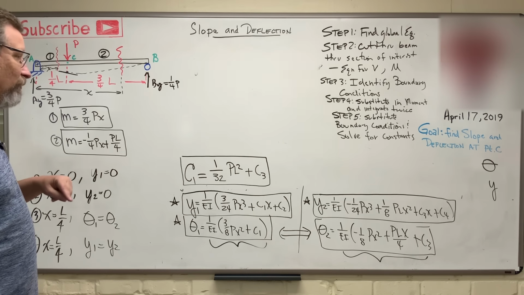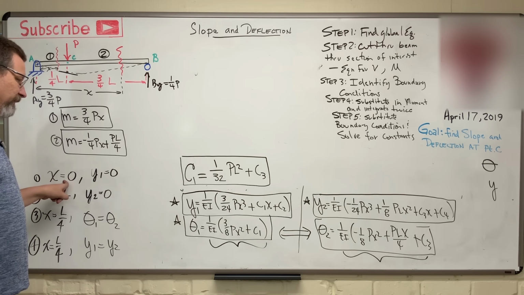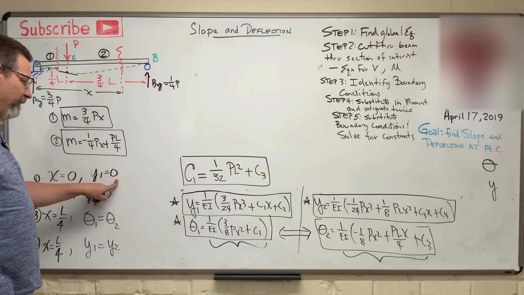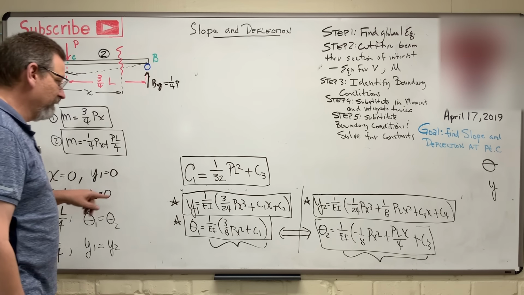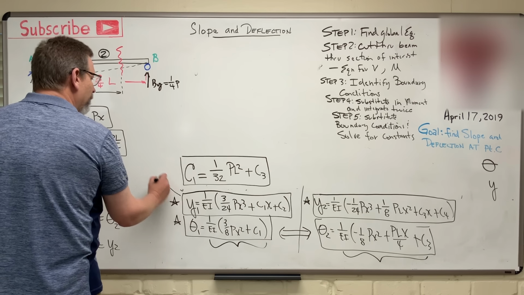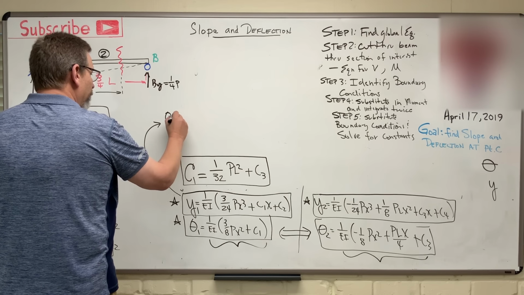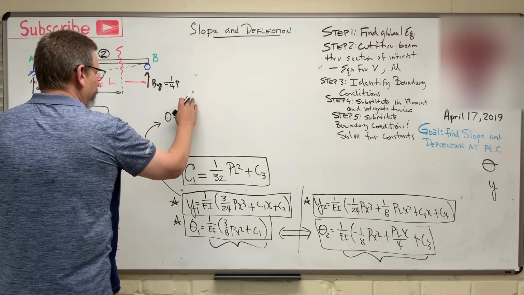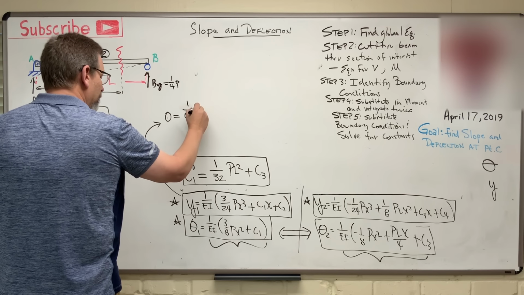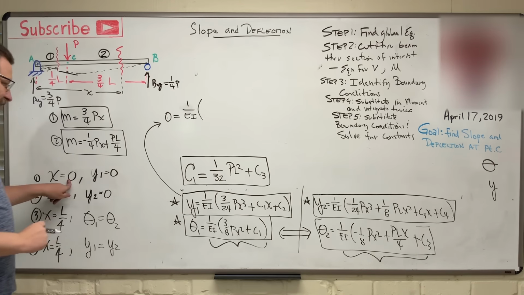Let's try, I don't know, we haven't tried y, so let's try this for y1. When y1 equals 0, oh, wait a second, this is going to be good, isn't it? Then x equals 0. So if we do this equation right here, what are we going to get? Well, if y1 is 0, then I over EI times, I can plug a 0 in for x, right?